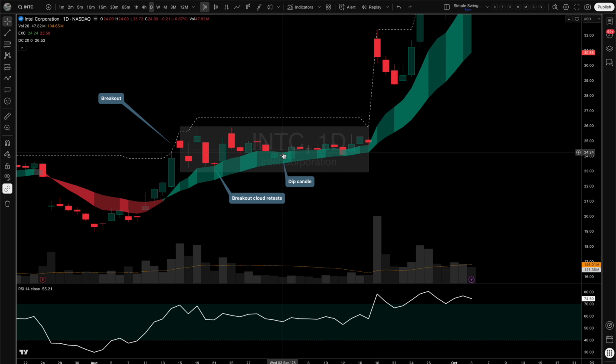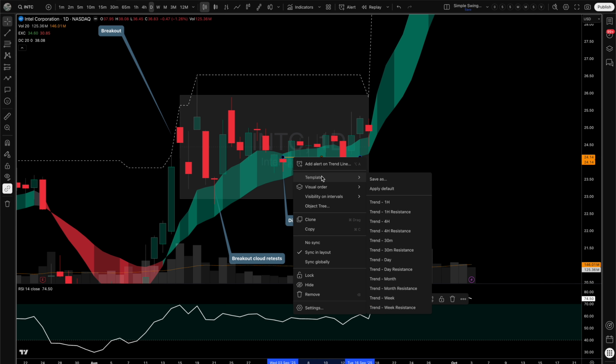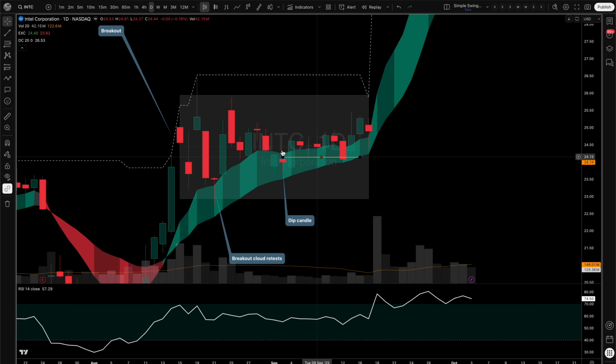I want to see a breakout of the high of that dip candle, and it does not have to be exact, all right? But the important thing is that buyers are stepping in where the sellers were able to take us down. Now the thing about it is I want to see good volume. I want to see above average volume on these, so none of these are entries.